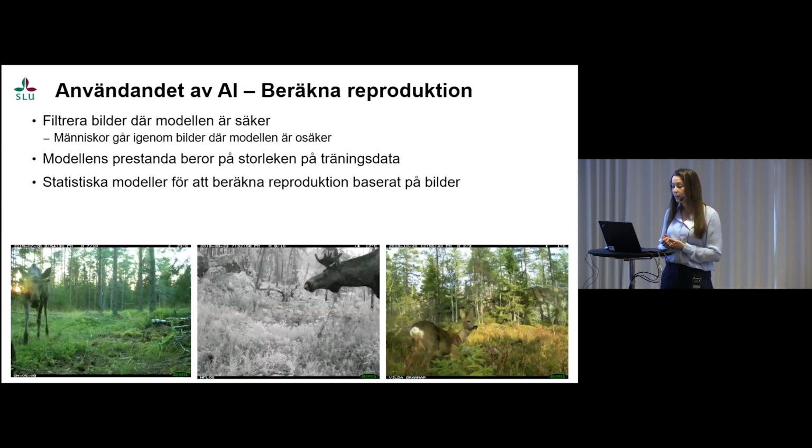We are working on that at the moment, and we also want to compare these reproduction estimates with EIOPS, and see how they differ between reference areas where we have systematically placed cameras and those where we have opportunistically placed cameras from hunters, close to baits for instance. And we want to see if we could combine those estimates or use these on a national level to get information on reproduction.